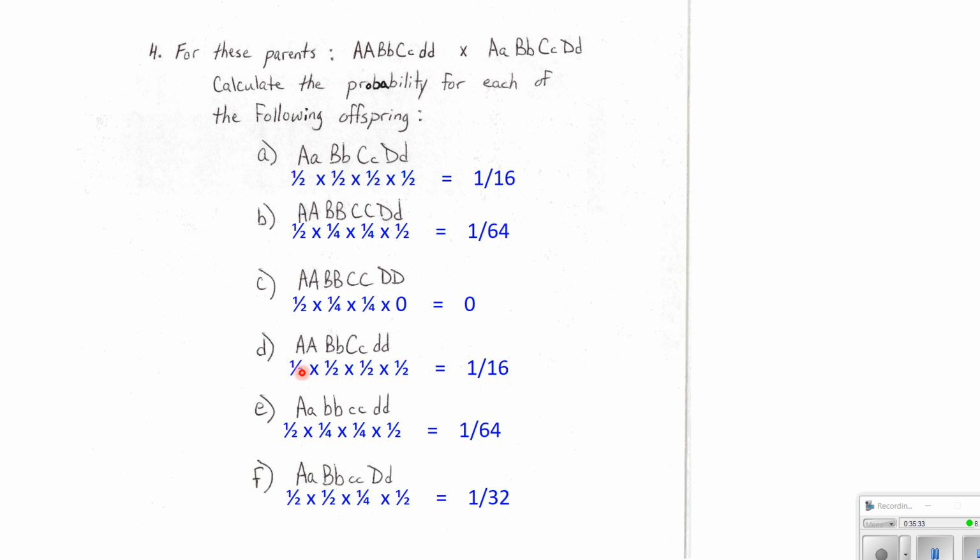And make sure you're always multiplying across. Sometimes people get in a hurry and they'll try to add these fractions at the end, and you get a crazy answer. Make sure you are multiplying. So 1 times 1 times 1 times 1 is 1. And then 2 times 2 is 4, times 2 is 8, times 2 is 16. Always multiplying at the end.